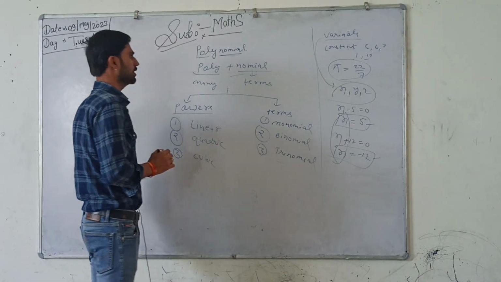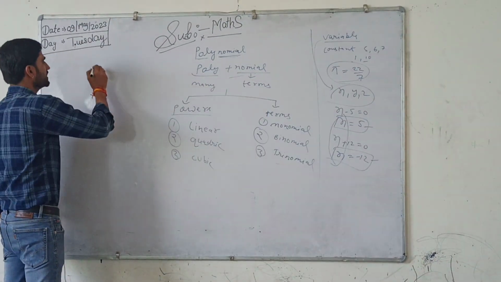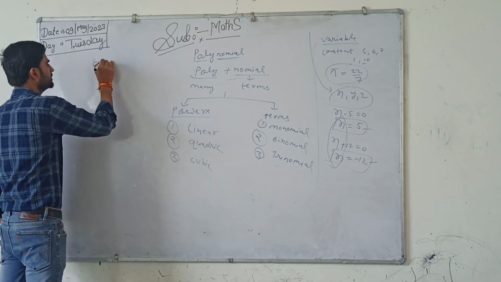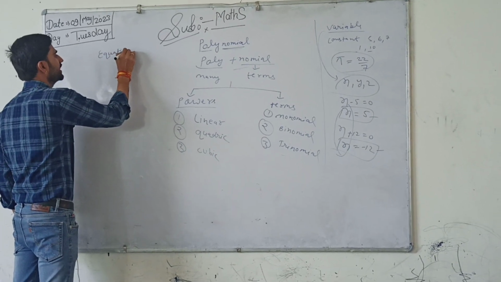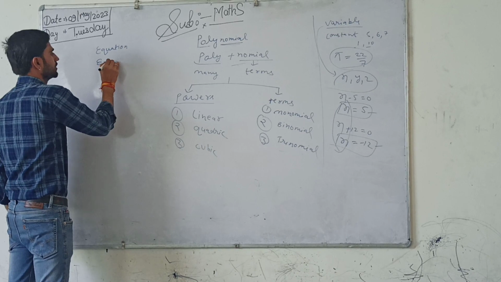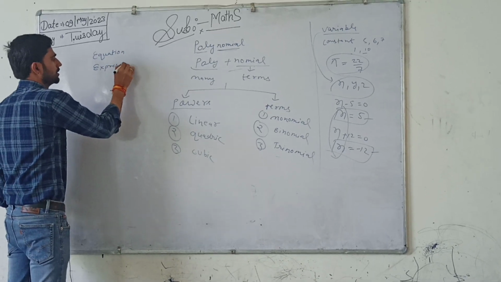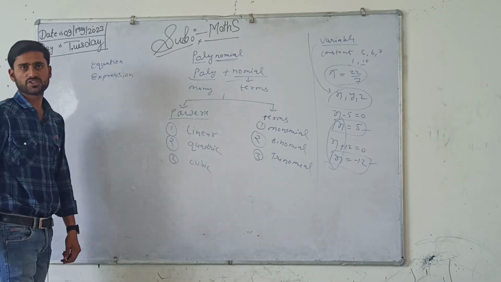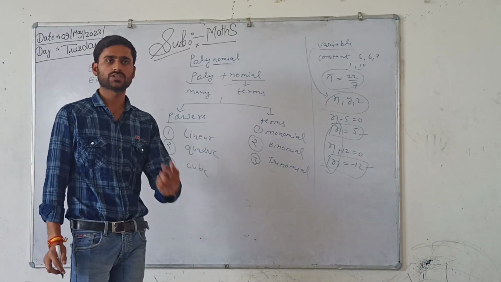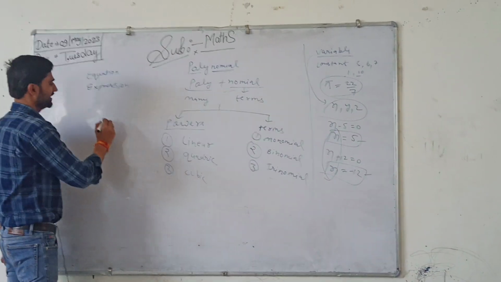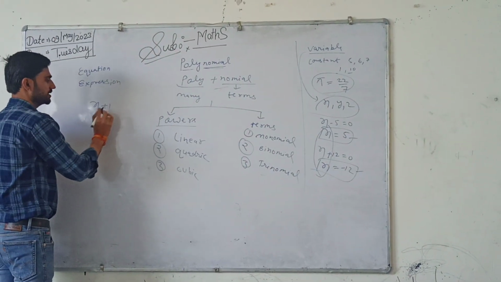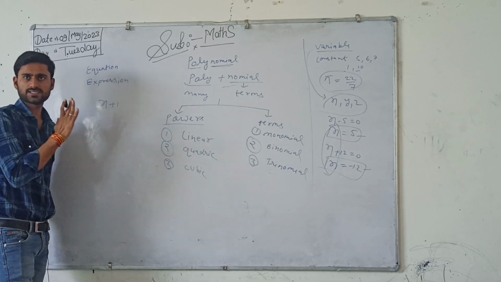So now we will say that, beta, what is the difference between equation and expression? Firstly, we saw the expression. If we talk about, beta, x plus 1, only write like this, x plus 1.